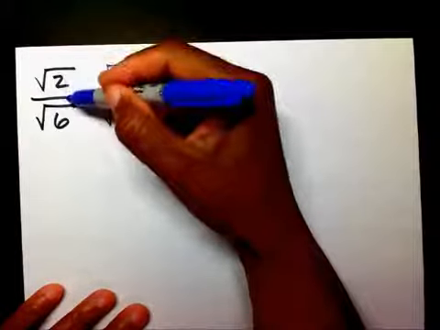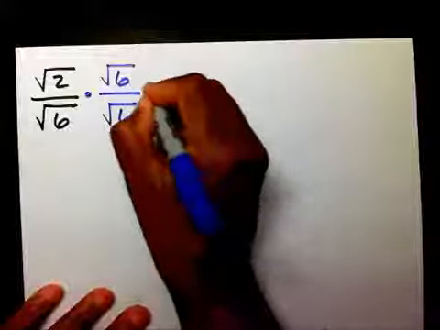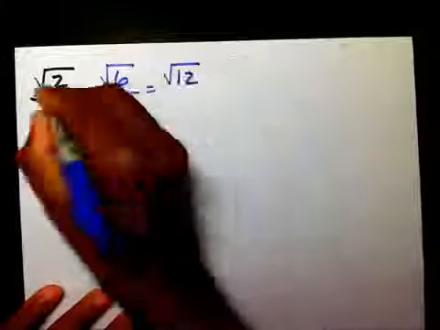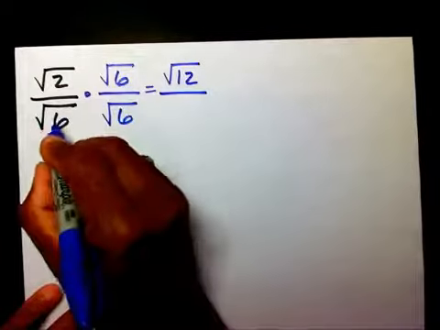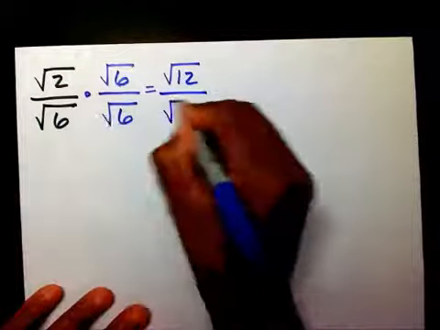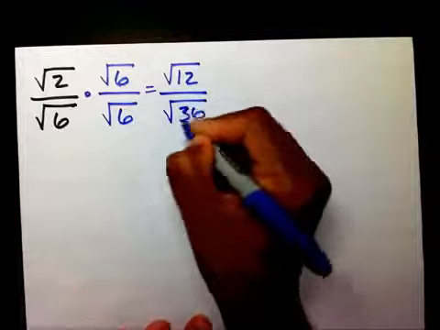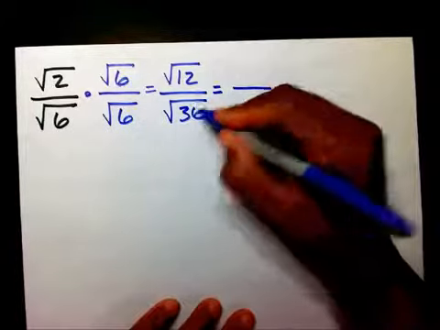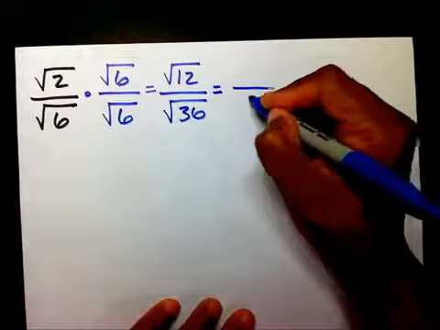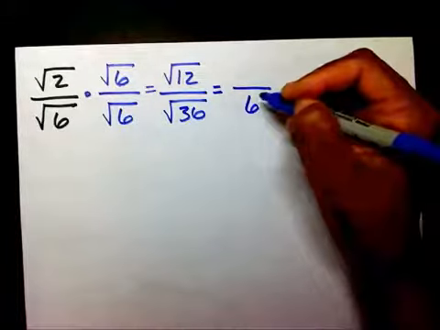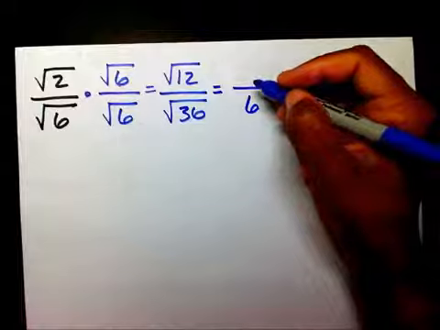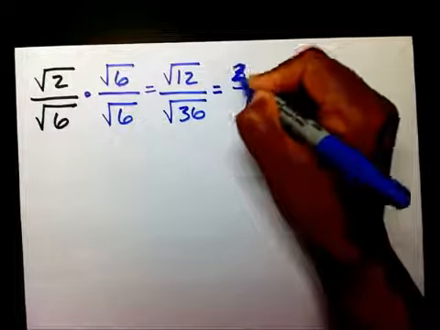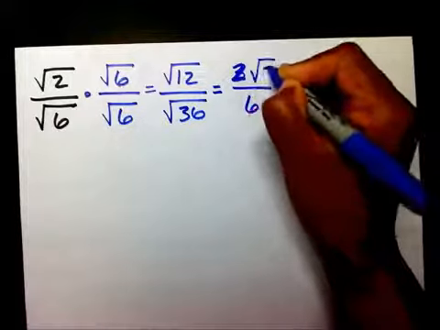Okay? So I'm going to multiply radical 2 times radical 6, which is radical 12, over radical 6 times radical 6, which is radical 36. There's that perfect square again. Radical 36 is a perfect square, and that's going to give you 6. And radical 12 is going to be 2 radical 3.